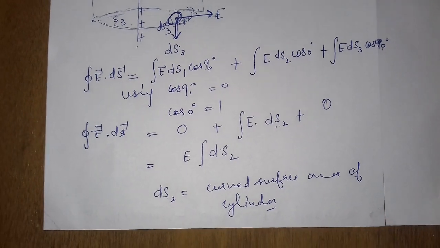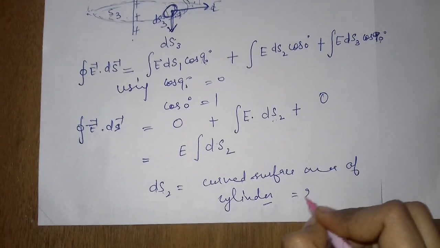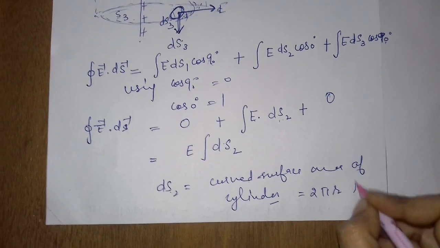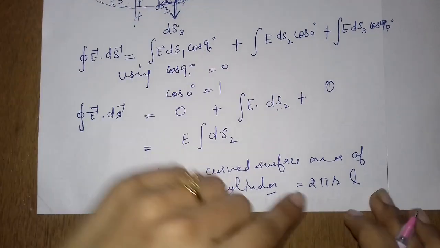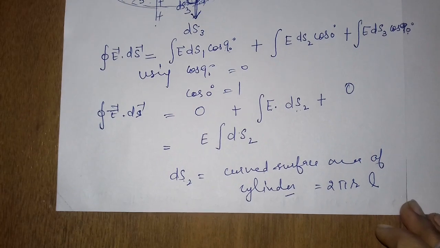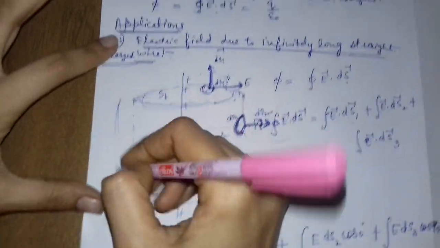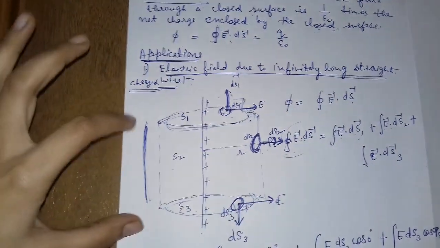So the integral of ds2 is the curved surface area of the cylinder, which is equal to 2 pi r L, right? 2 pi r L, and L is what? It is the length of the cylinder, this one, right?